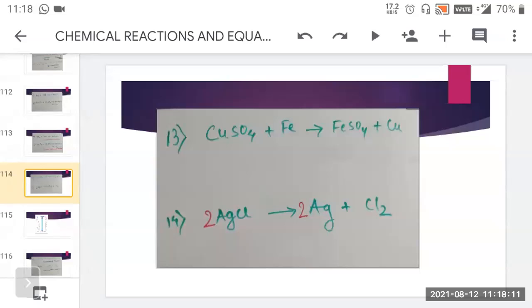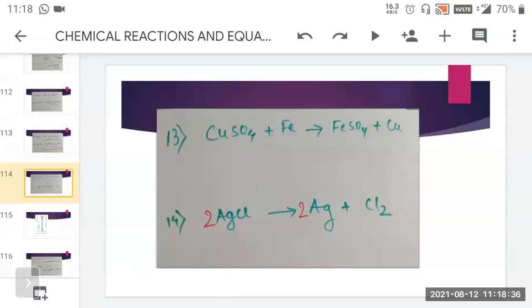So here FeSO4 has the high reactivity, so it will not be replaced by the Cu. So in this case, no reaction will appear if you go with the reverse process. But with CuSO4 and Fe, the reaction can happen because Cu is less reactive than Fe. So naturally, Fe will replace it. Okay, so hence this is a single displacement reaction.